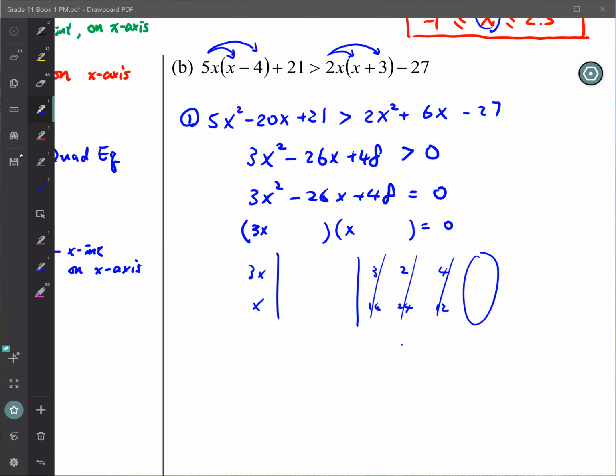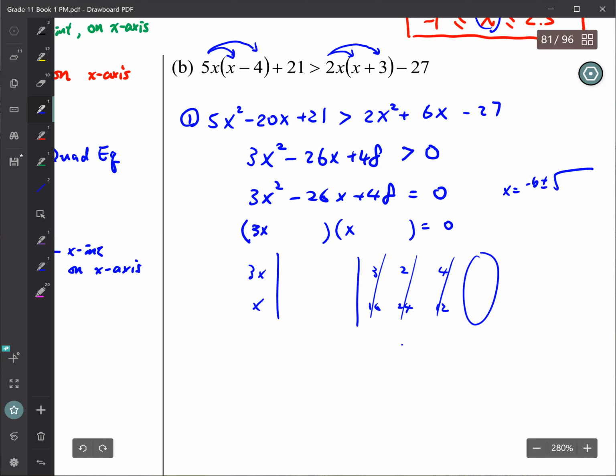So if you really have a difficult time finding the pairs, just plug it into the quadratic formula, right? Negative b plus minus, remember this one? Quadratic formula, then it can give you the roots right away.